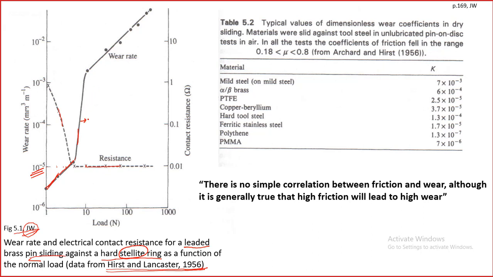This is 10 to the power minus 4, which is higher than this one, and this is 10 to the power minus 2, very high. So wear rate is changing drastically, by orders of magnitude, from minus 5 to minus 4 to minus 2. This type of behavior is very frequently observed in most materials.